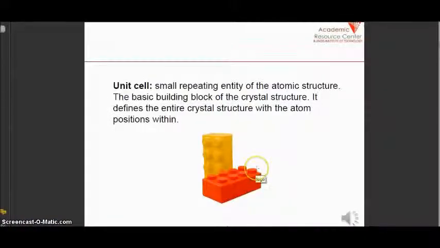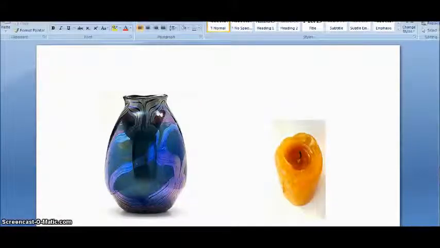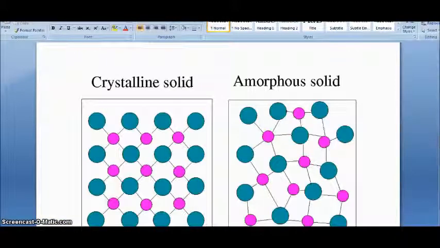So again, our learning objective was that you can define crystalline solid and amorphous solid, and distinguish between them.